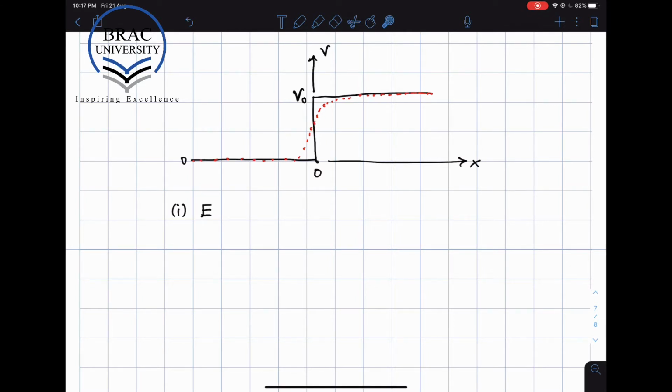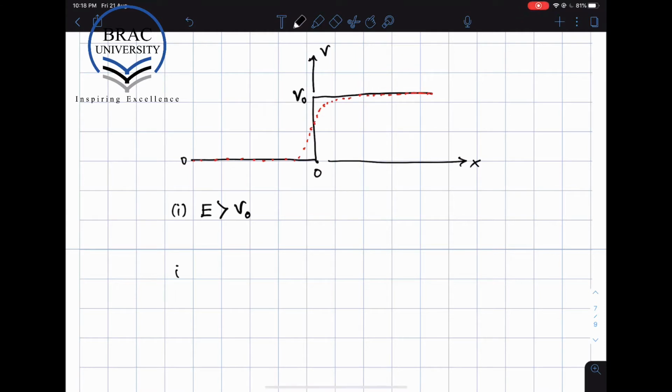In one case, the energy of the particle would be greater than the potential barrier. If that is the case, then in classical physics, we would expect the particle to continue on, although its kinetic energy would be reduced when it continues on to the positive x-axis. It'll be reduced by this amount, v0.